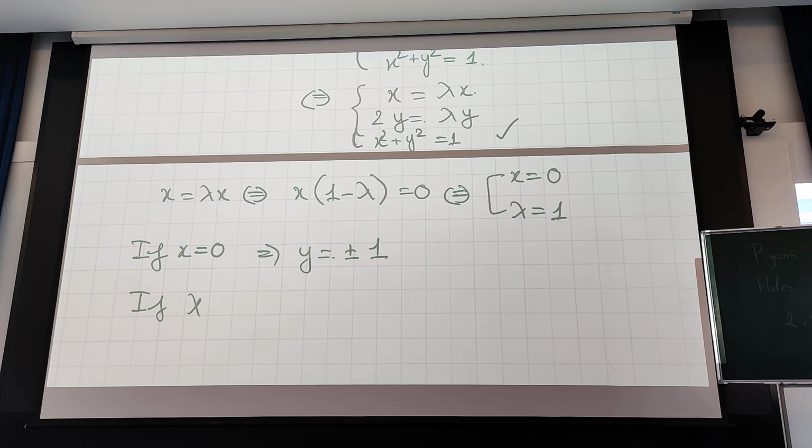If lambda equal to 1, then from the second equation, you know that 2y equal to y, and from this equation you have y equal to 0. And then substituting it into the third equation, you get x equal to plus or minus 1. You agree?